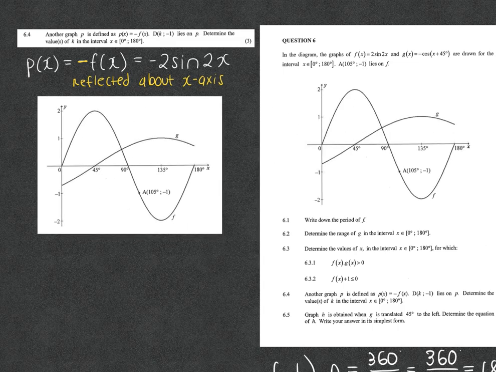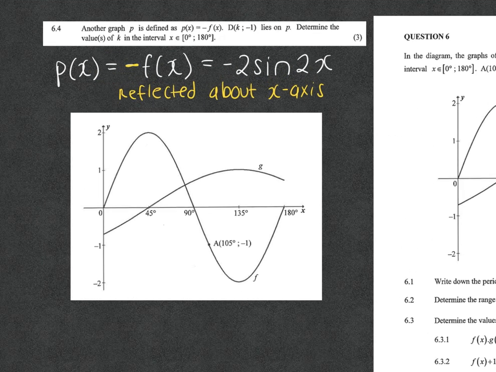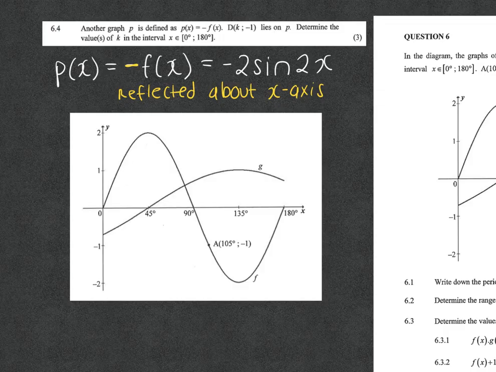I'm going to draw my graph in yellow. If I had to flip that graph, it's going to look like this. There we go. So it's basically the normal graph just being reflected about the x-axis.